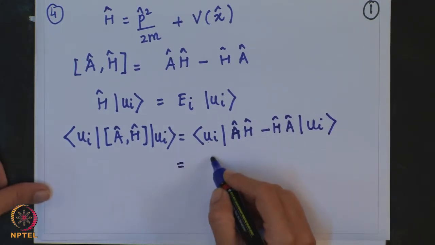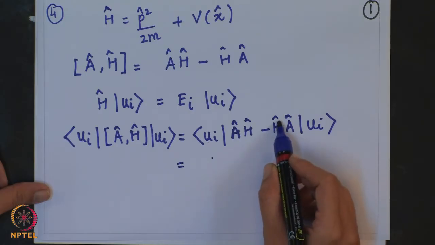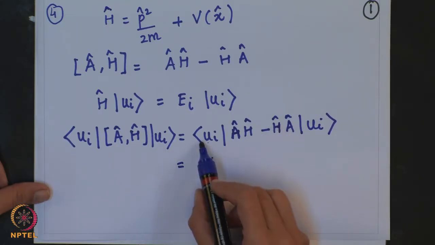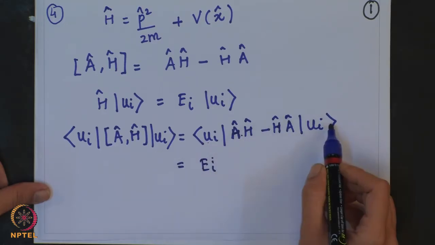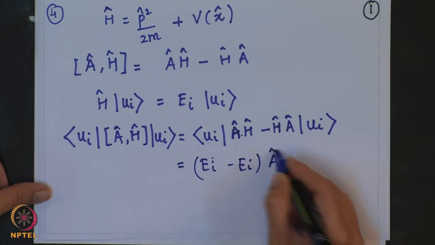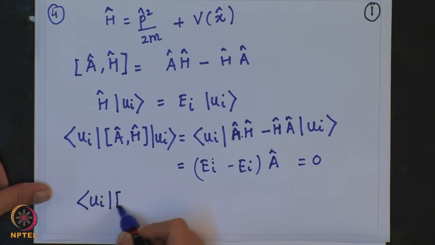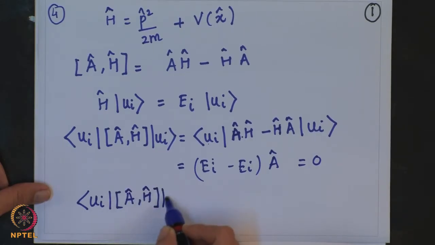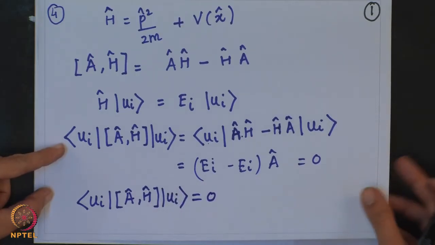So, you can see here you have an Ei minus Ei term. This one will operate on the left and give you Ei, and this one will operate on the right and give you Ei, times an operator A, which is 0. So, we can easily see from here that this quantity is 0, right.